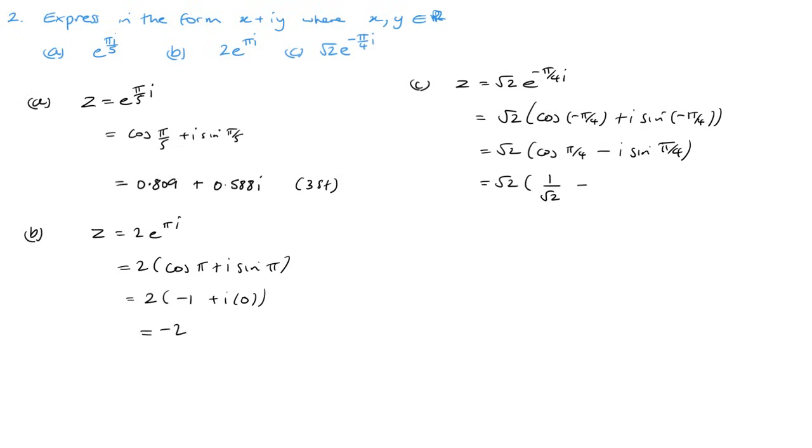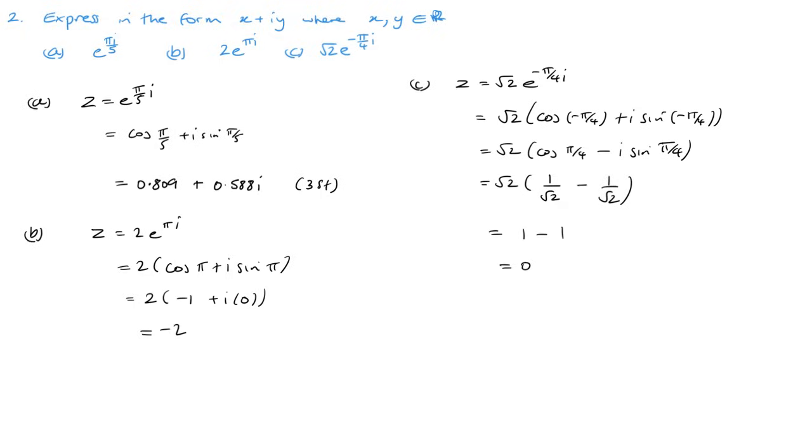Now sine of pi by 4 is also 1 over root 2. So that's going to be 1 minus 1, which is going to be 0. I probably should have checked the answer to that one before I set it as a question. But hey, there we go. That one's just actually 0.